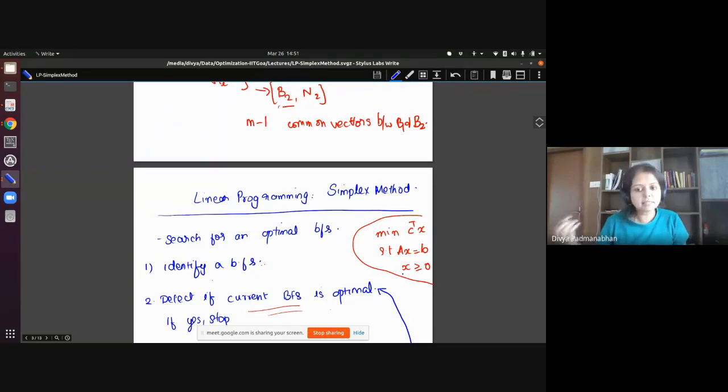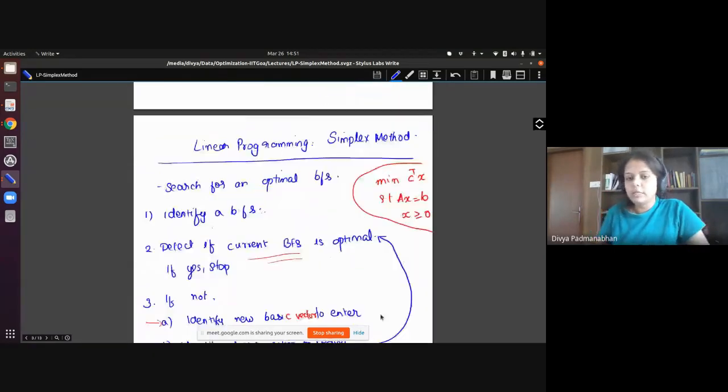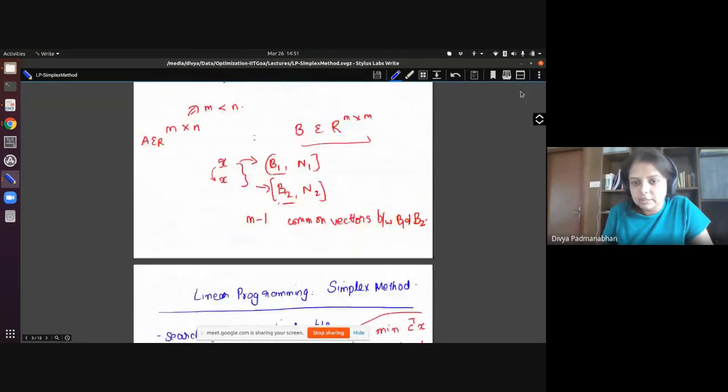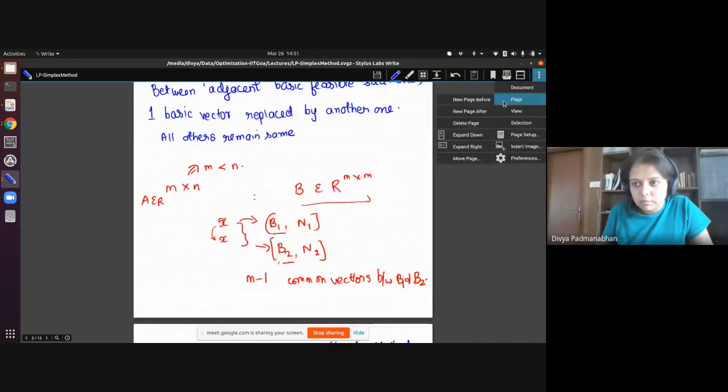In the background, there is a theory which says that there is no notion of local optima. Every optimum is a global optimum here. And if you want to think of it in another way, you just think of the feasible region. Let me include a new page here.